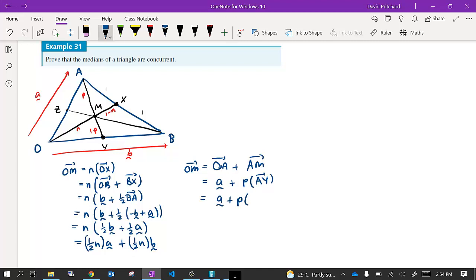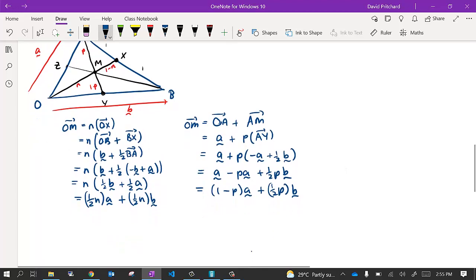And to go from A to Y, then we're going to say that it's negative A plus 1/2 of B. So now we've got A take pA and then plus 1/2 pB. So that gives us 1 take p in the A direction and 1/2 p in the B direction.